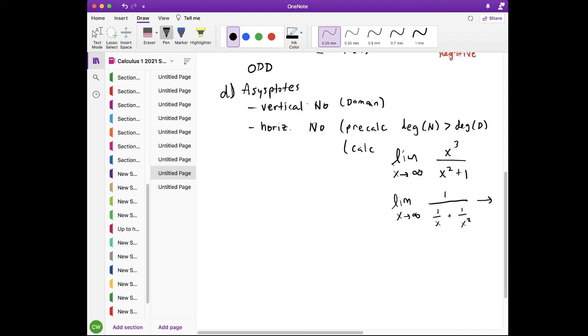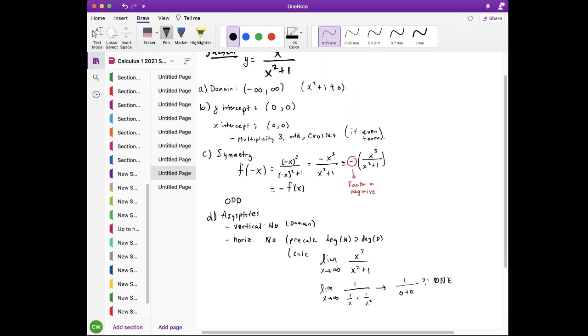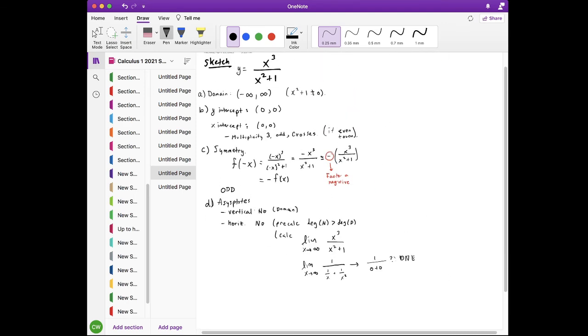Is there a slant asymptote? Do you remember how to determine if a slant asymptote exists? I'll give it away. The answer is yes. Do you know why?